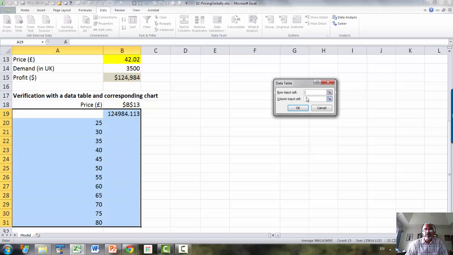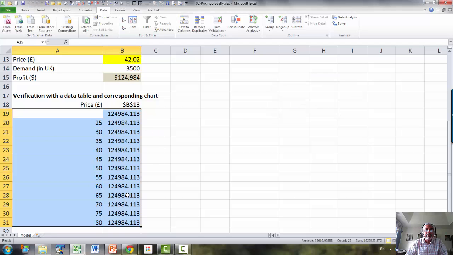Now this is a column input cell because the price is in a column, and this is price in pounds. Okay, so now we have to press the F9 key. We didn't change the calculation options for this file, so let's do F9, press F9.